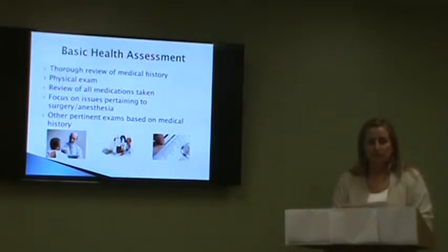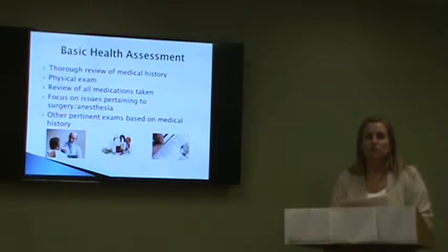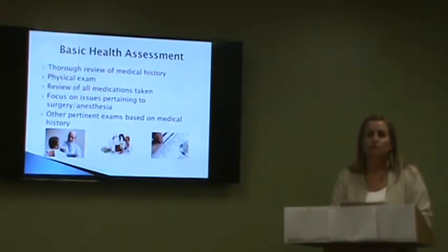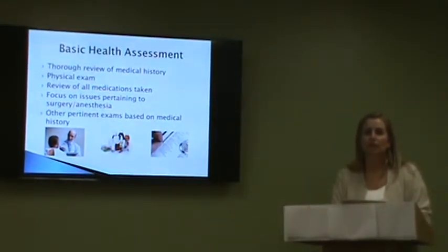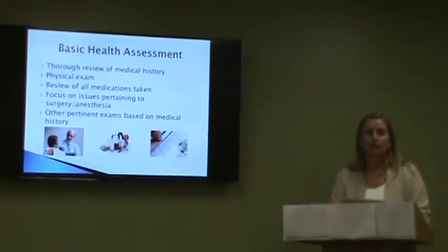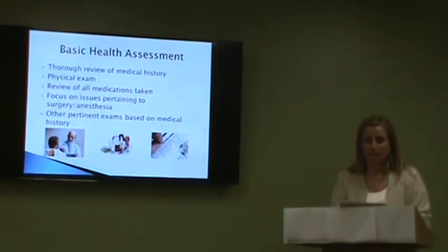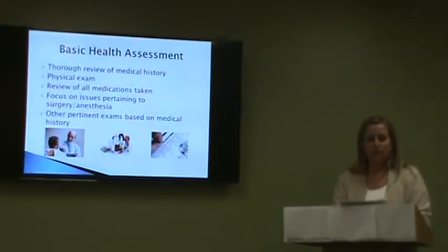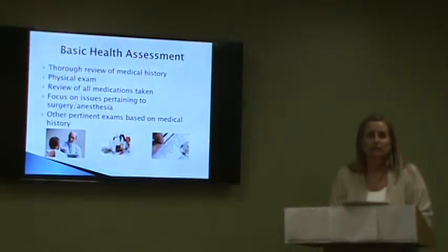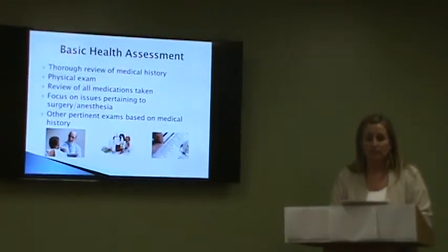This basic health assessment must include a complete medical history and physical exam. The medical history is perhaps the most important information obtained. This includes allergies, known medical problems, surgical history, list of medications with dosages, including prescription, over-the-counter, herbal, and dietary supplements. It is very important to focus on the issues that pertain to the patient's surgery and undergoing anesthesia.